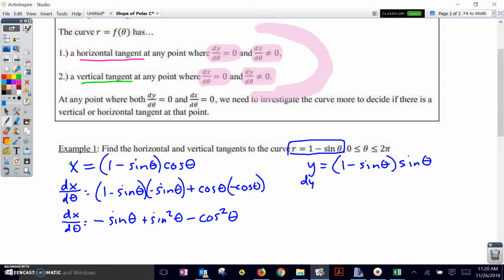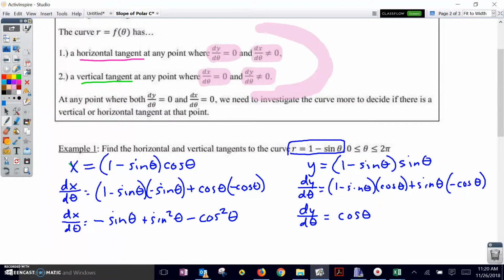And dy d theta is going to be the quantity 1 minus sine of theta times the derivative of sine, which is cosine, plus sine times the derivative of 1 minus sine, which is negative cosine. And so this is equal to cosine of theta minus 2 sine of theta cosine of theta. And now I need to find all the values of theta where these are equal to 0.